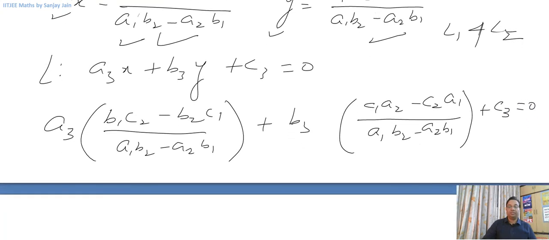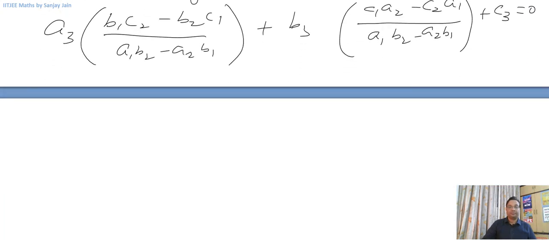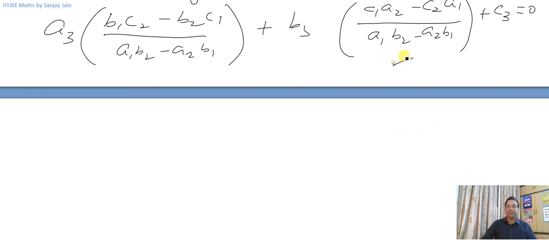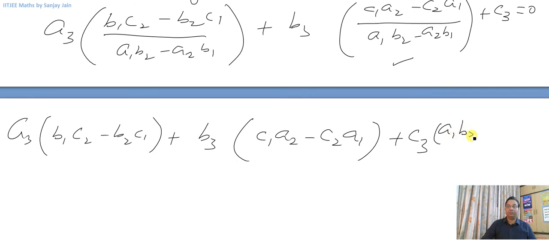Further simplifying, I get A3 (B1 C2 minus B2 C1) plus B3 (C1 A2 minus C2 A1) plus C3 (A1 B2 minus A2 B1) equals 0.